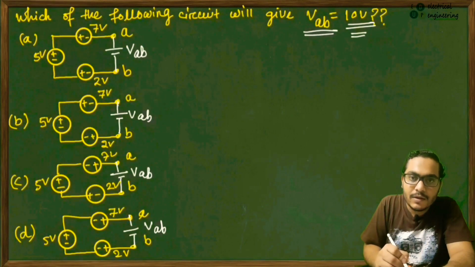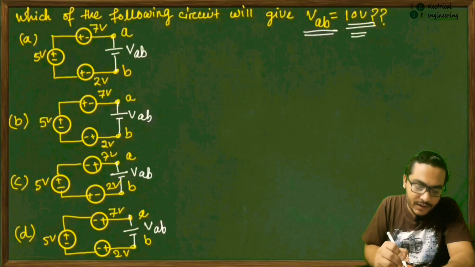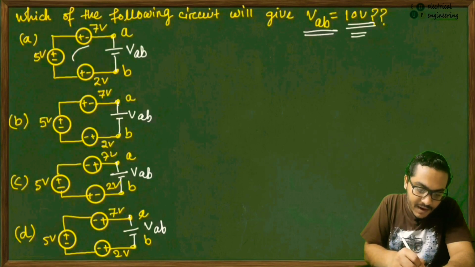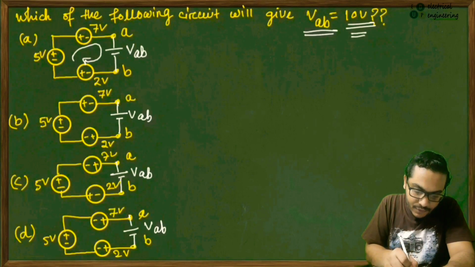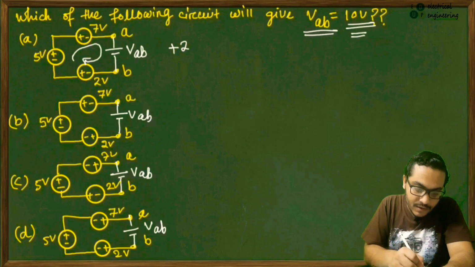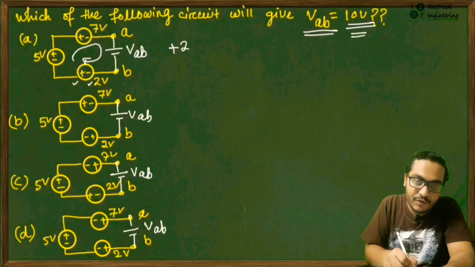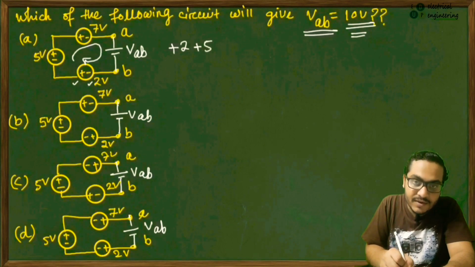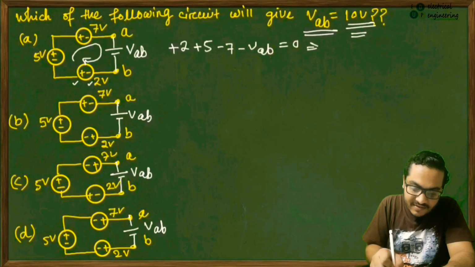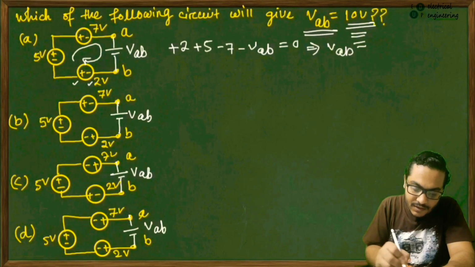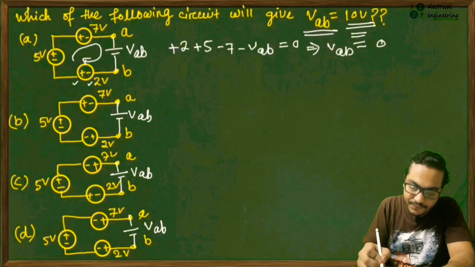Now let's write Kirchhoff's voltage law equation for this closed loop, and let's assume this is your loop direction. Now let's write plus 2. Why plus 2? Here we are moving from lower potential, negative, to higher potential, positive. So this is plus 2. Similarly for the 5 volt source this is plus 5, and for 7 volt this is minus 7, minus VAB equal to 0, implies that VAB equal to 7 minus 7 equal to 0.